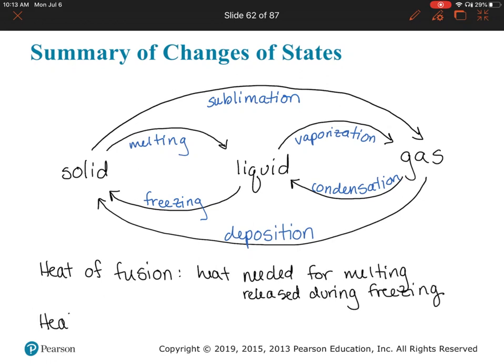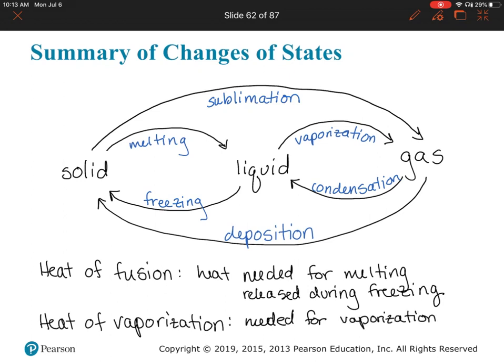And we also learned about heat of vaporization, which was needed for vaporization or boiling and released during condensation.